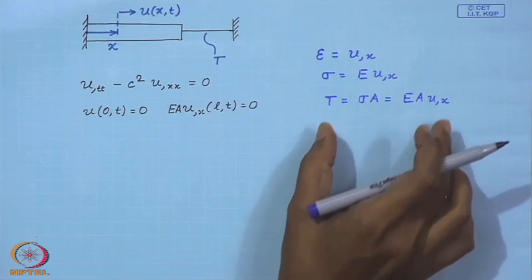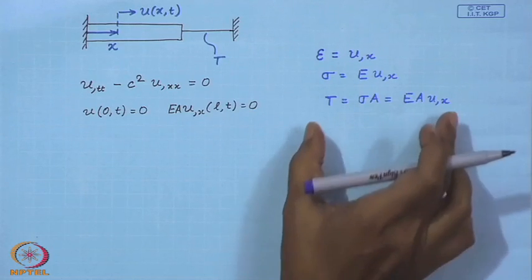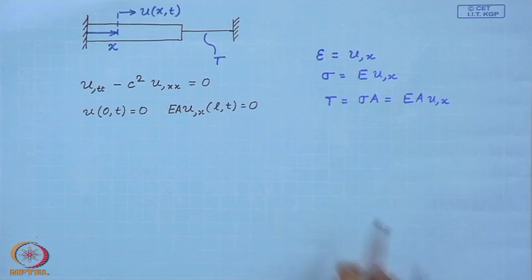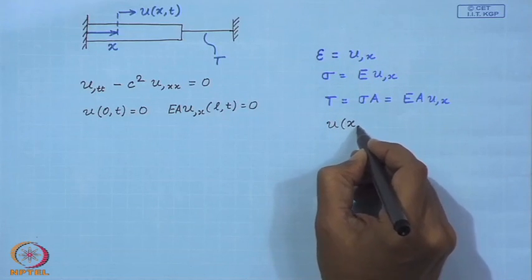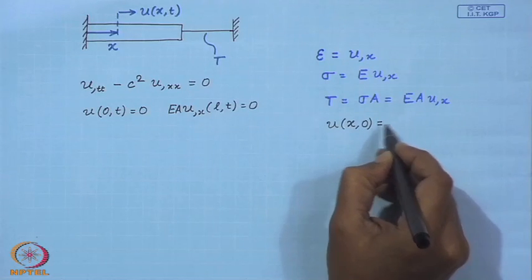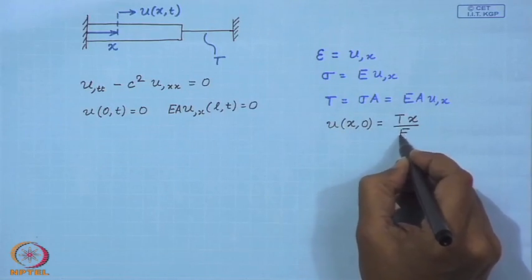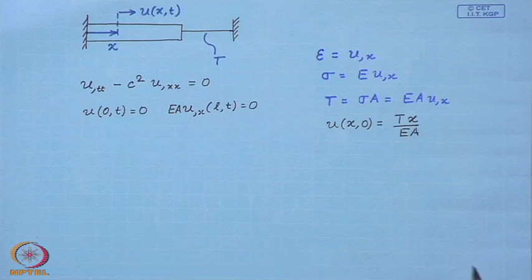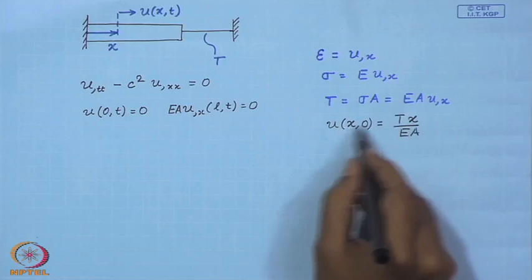So, when the bar was under this tension, this was the condition, this is the equation of statics of the bar, which can be very easily integrated to determine, since at x equal to 0 u is 0, the constant of integration is 0.